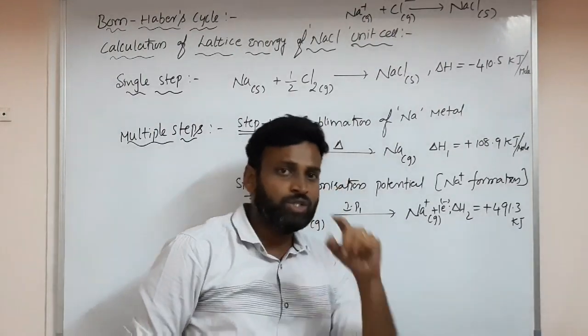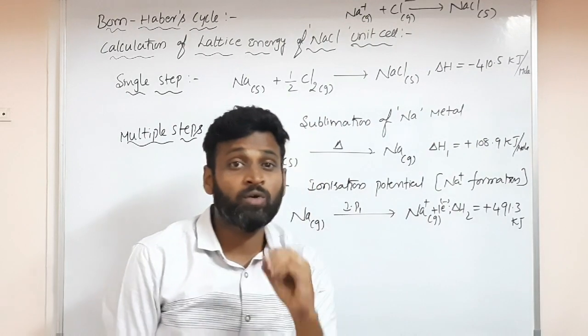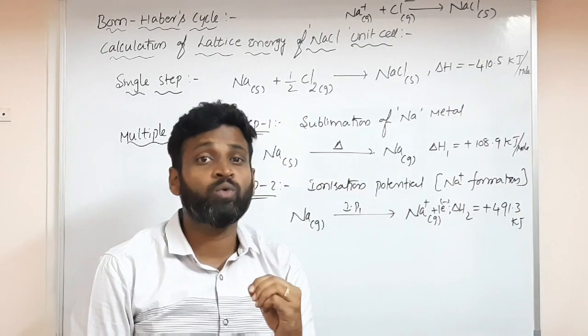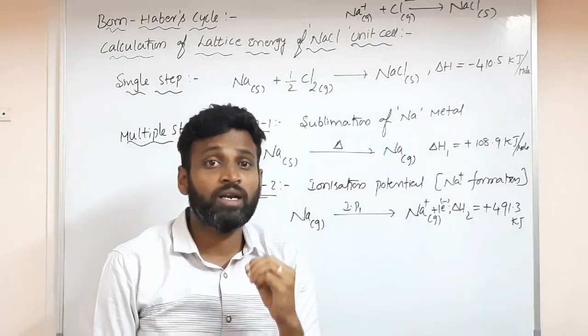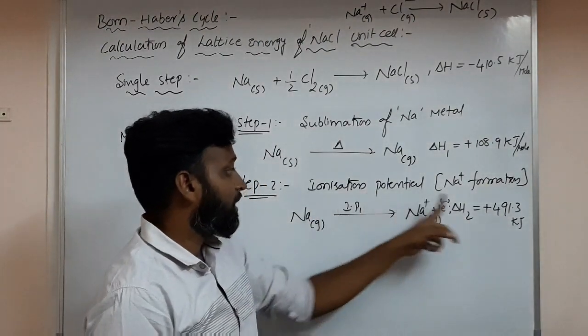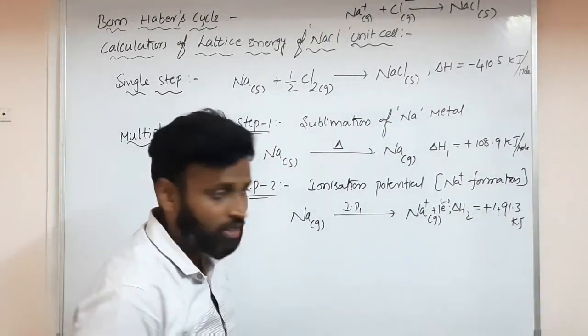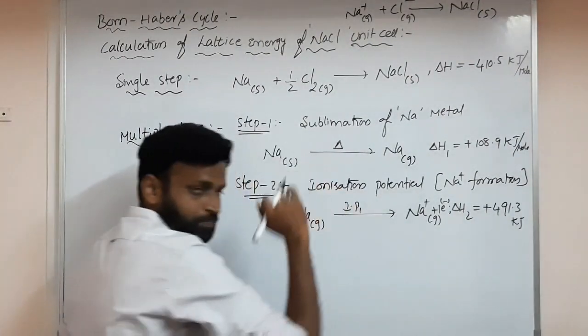That's why plus again. Ionization potential is endo, I said, because it is the amount of energy required to remove the valence electron of a neutral isolated gaseous state atom. Over. So Na plus is ready.